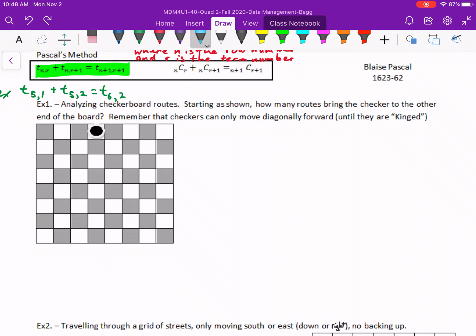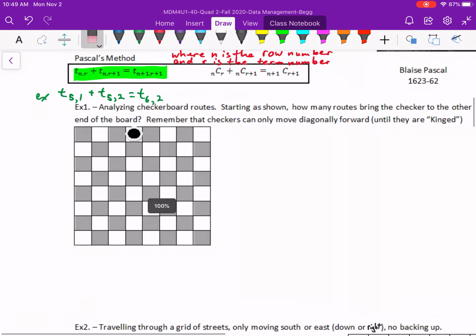So if a checker's here, it can move here or here, and then from there it can move here or here, and so on. From any given space, a checker only has 2 options of places it can go. That's how checkers move.